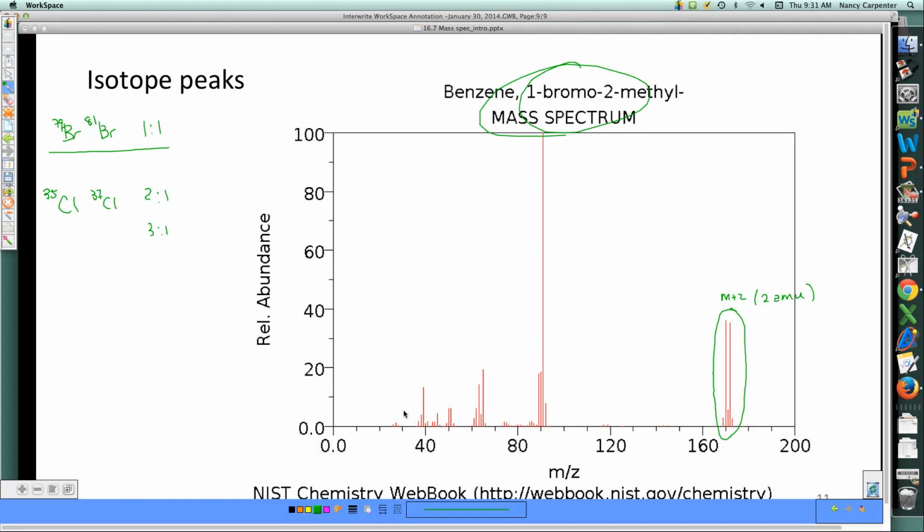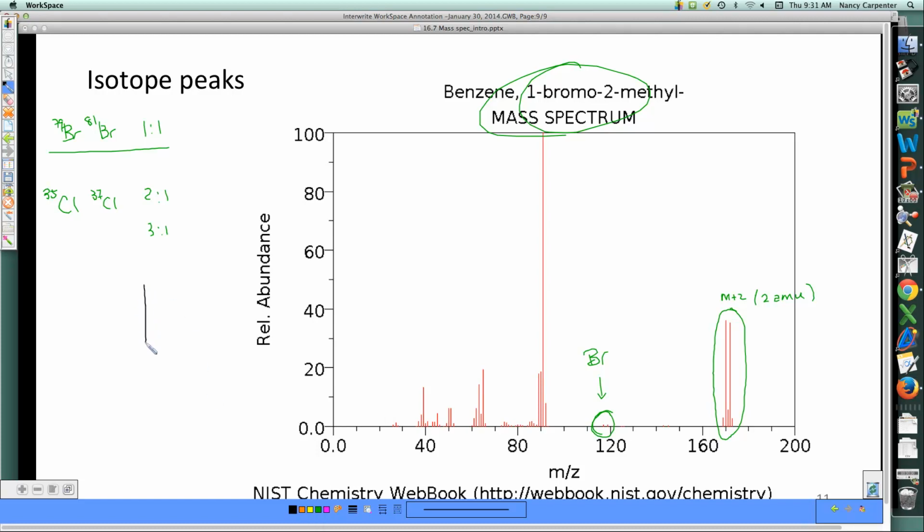If down here on the fragment ions, I saw, oh, right there, looky there. See how those two little peaks are almost exactly the same intensity and they're 2 mass units apart? Whatever this is, that fragment ion contains bromine. Okay? So that's the dead giveaway for the presence of bromine in your molecule.